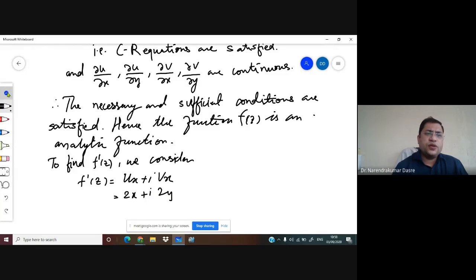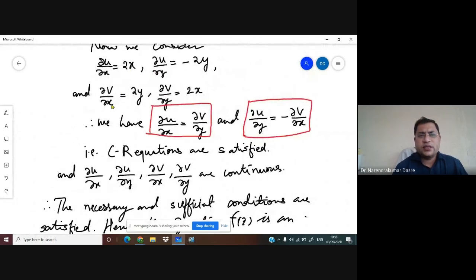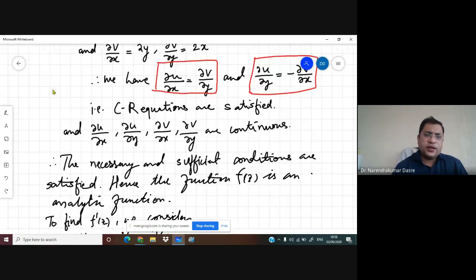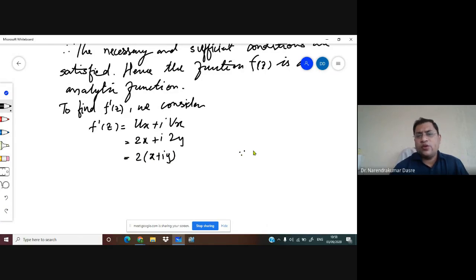So you can see here u_x is going to be 2x and v_x is going to be 2y. So I have written 2x plus i times 2y. Now we can say twice is common, x plus iy. And now we have to find this in terms of z. So I can write this as 2z.